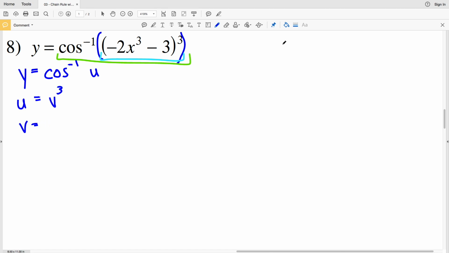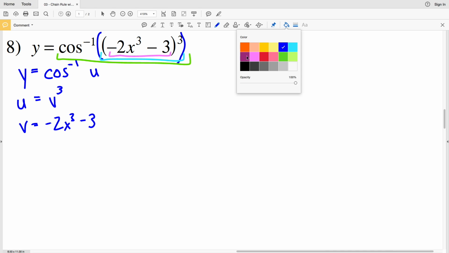And v is going to be our innermost function, negative 2x cubed minus 3. So if I was to plug v in, and then plug u in, you could see that that's my function.